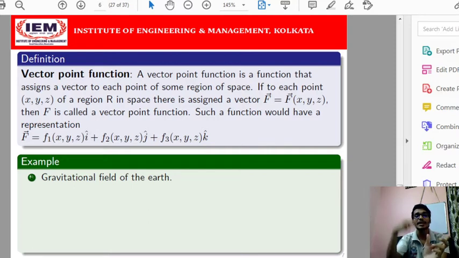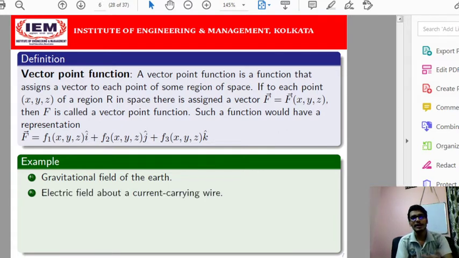By putting the values of x, y, z in that function, I can identify the value of the gravitational field at that particular point. Since the gravitational field is nothing but a vector field or vector valued function, it is considered a vector point function, because by virtue of that function we are identifying the particular value corresponding to a point in that domain or plane.